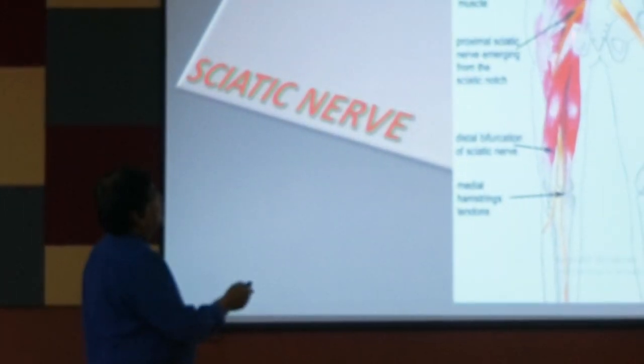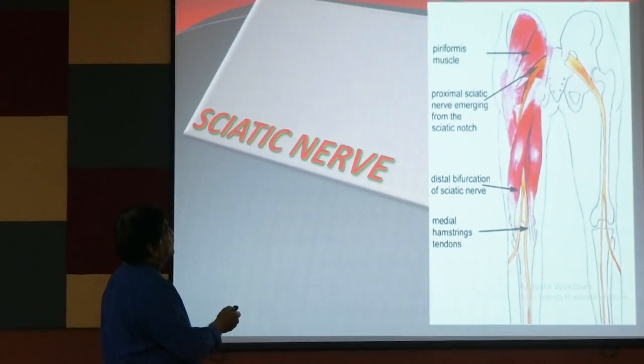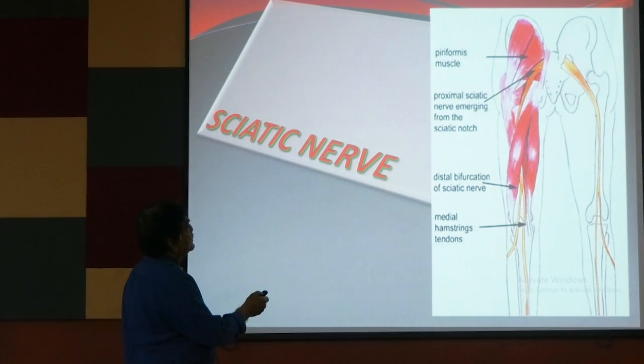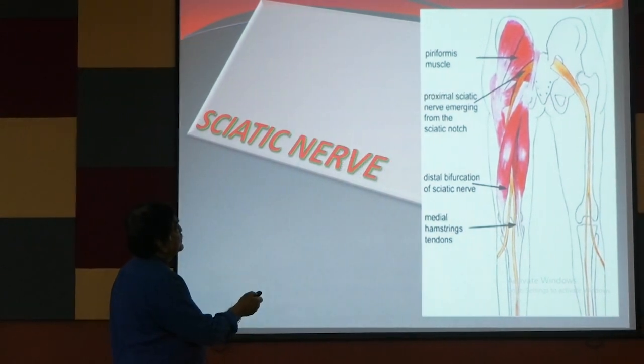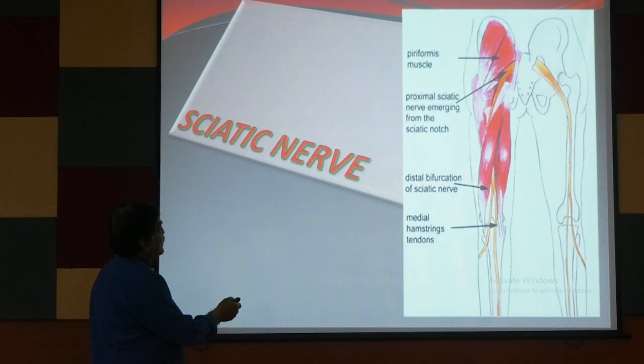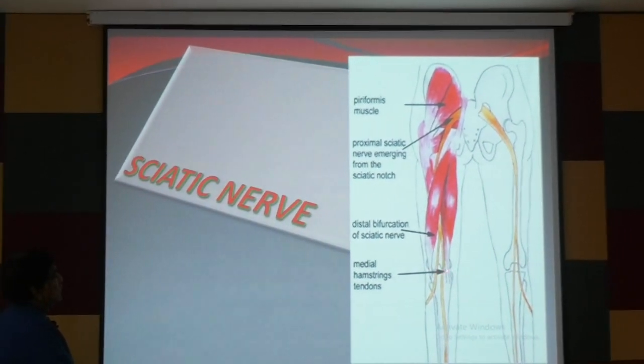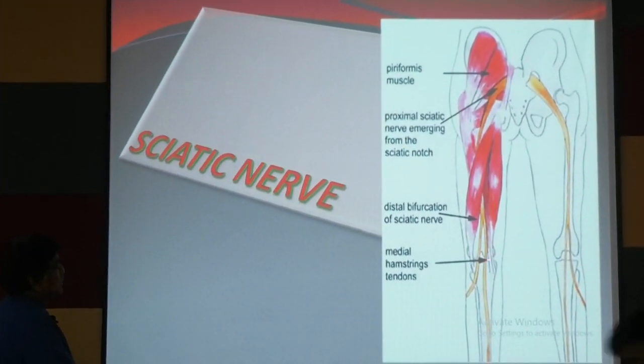Now, with the muscles intact, this is the piriformis muscle, and the proximal sciatic nerve is emerging from the sciatic notch, and this is the distal bifurcation of the sciatic nerve. The sciatic nerve as a whole comes and then bifurcates, and this is the medial hamstring muscles.